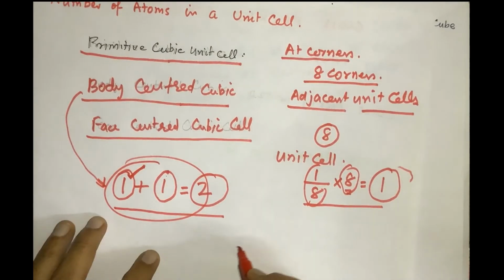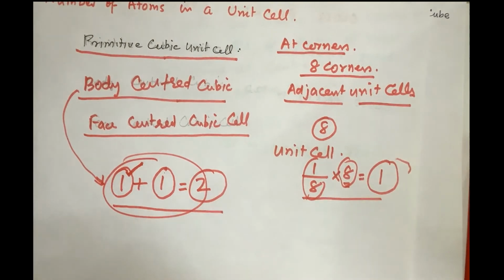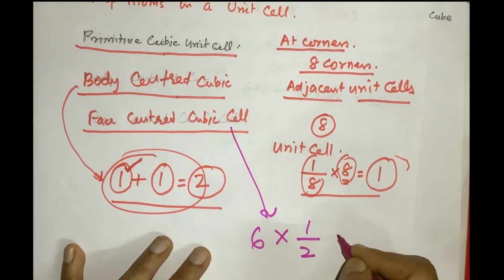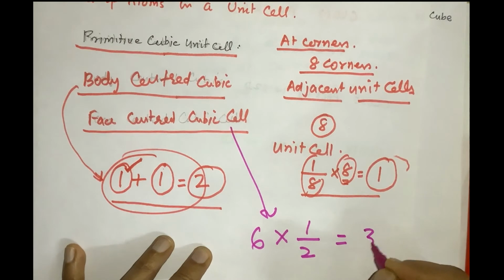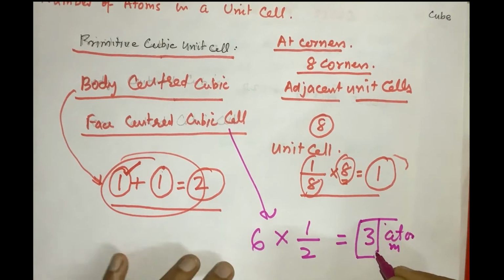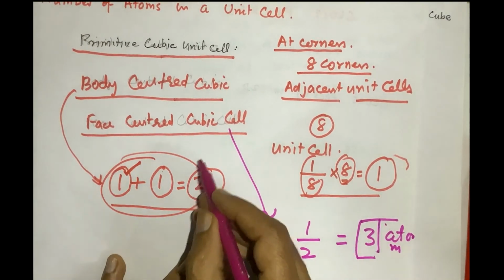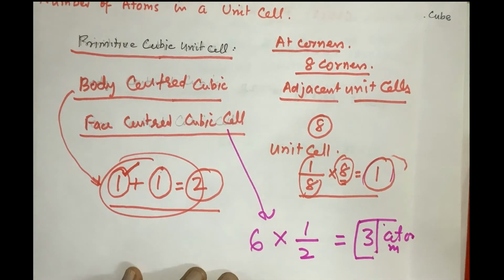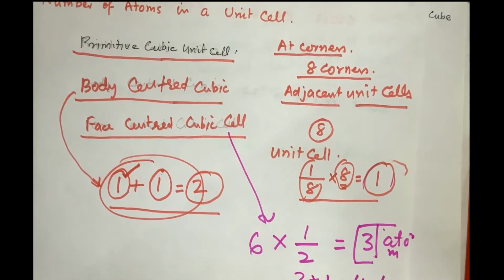So 6 face centered particles will be shared by 2, and 1 unit cell will share 3 atoms, 3 particles. And besides these 3 particles, at the corners there is 1 constituent particle. So 3 plus 1 is equal to 4. 4 atoms or 4 constituent particles per unit cell.